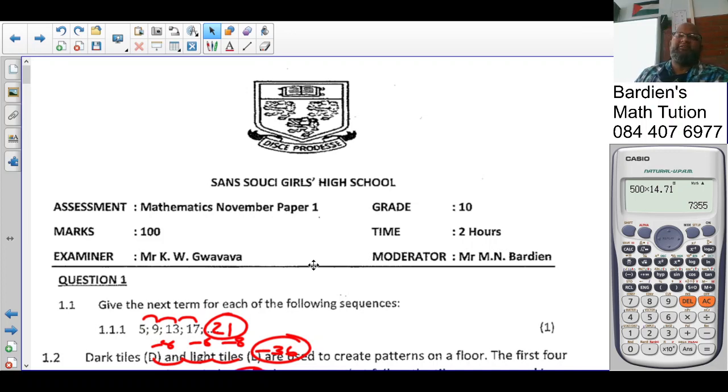So for our next lesson, we're going to look at the 2019 November paper 2. Okay, you guys okay with that? I think some of you are done with that paper already, no? So if you're done, what you can do is, I've sent to the group many papers. You can now work through those.